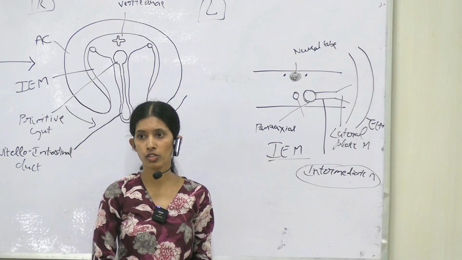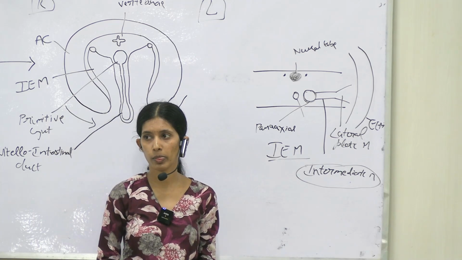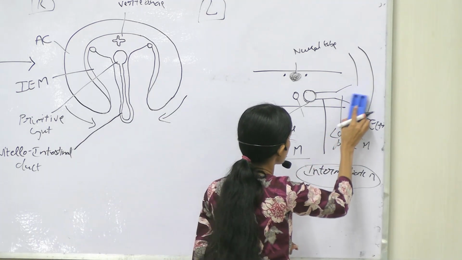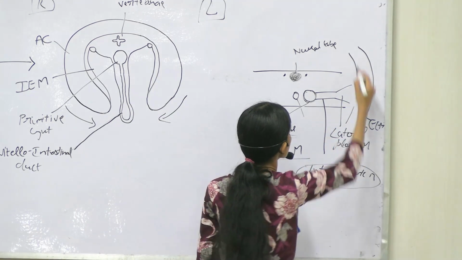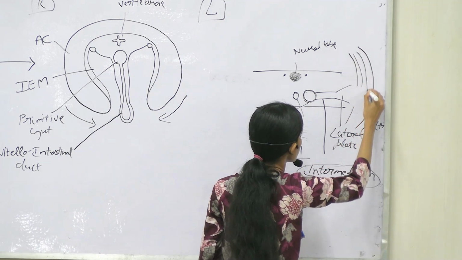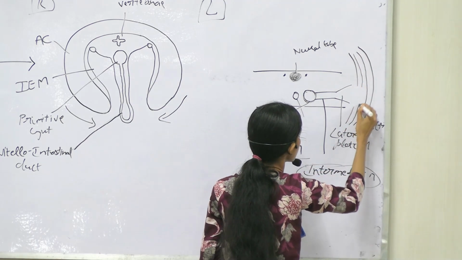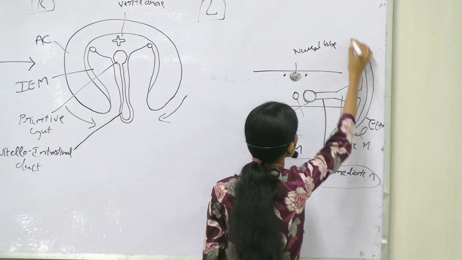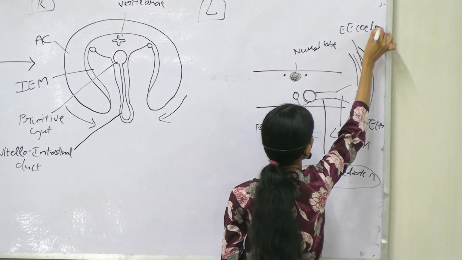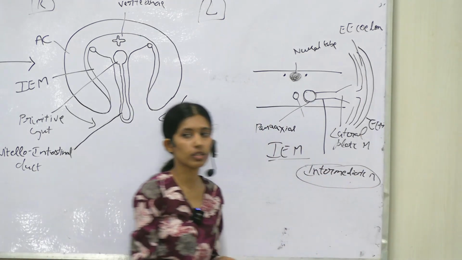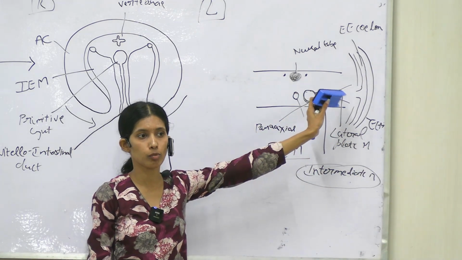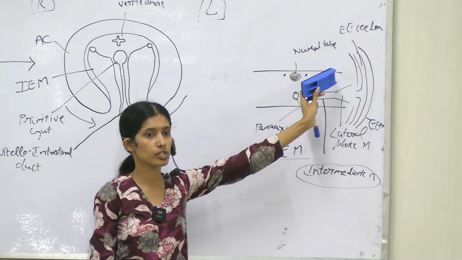It is discussed in your general anatomy part. Extraembryonic coelom. Remember, we have extraembryonic mesoderm. Inside the extraembryonic mesoderm, we have coelom part.